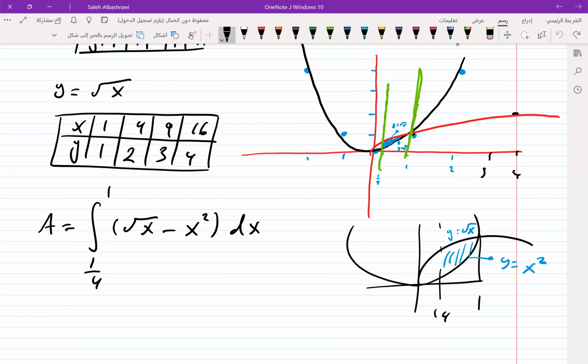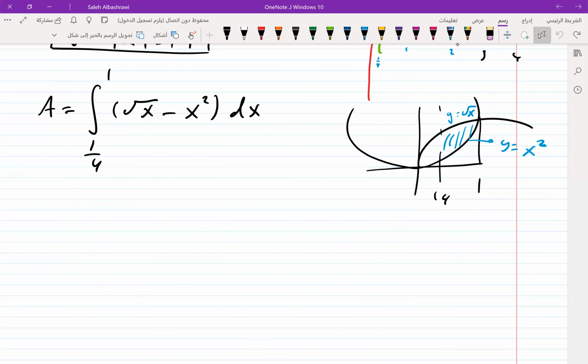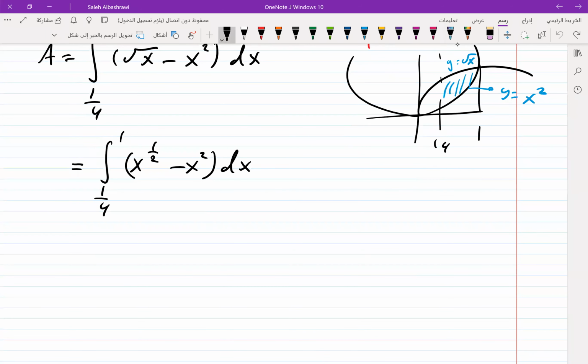So the area equal to the integration 1 over 4 to 1 of the square root of x minus x squared, upper function minus the lower function, which is equal to, now integrate, or just write it, square root of x is x to the power 1/2 minus x squared dx. Integrate, and for the definite integral, we add 1 to the power and divide by the new power.